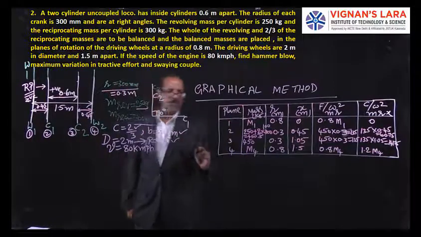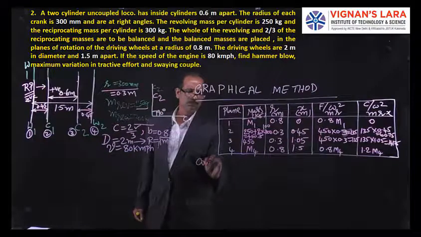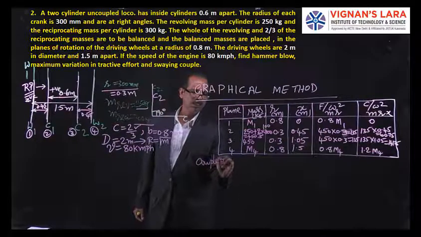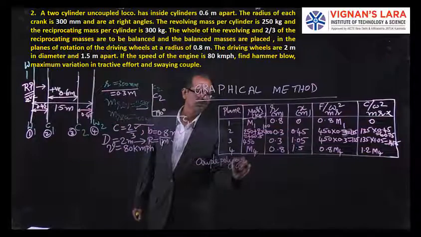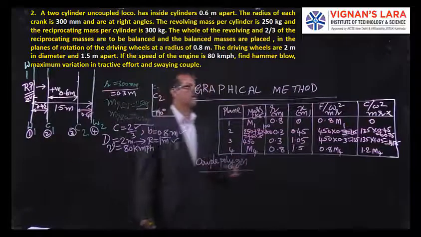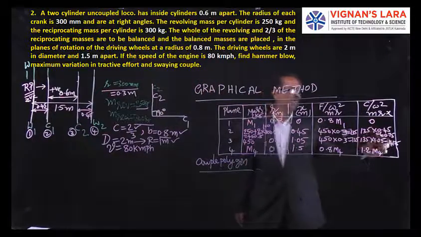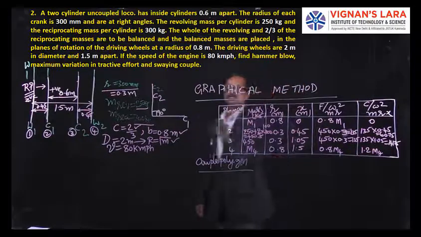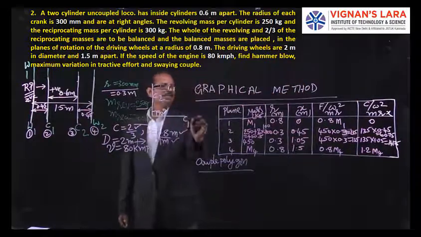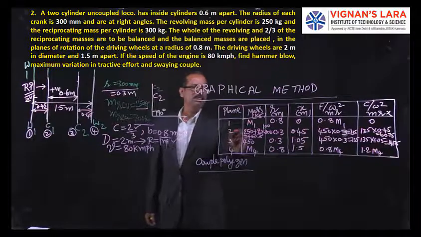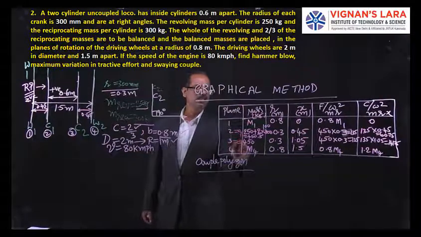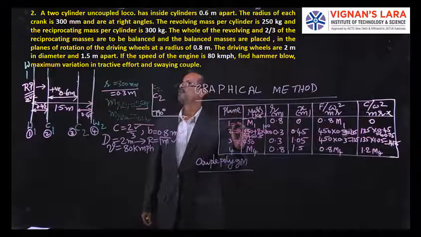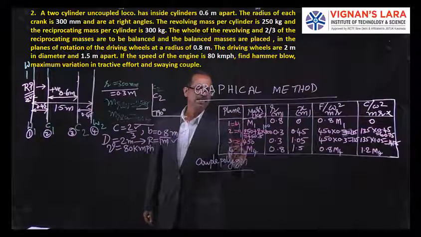First draw the couple polygon. So what are the couples? 60.75, 141.75 and 1.2 M4. For C1, that is cylinder 1, this is C1, this is C2, this is wheel 1, and this is the wheel 2 plane.